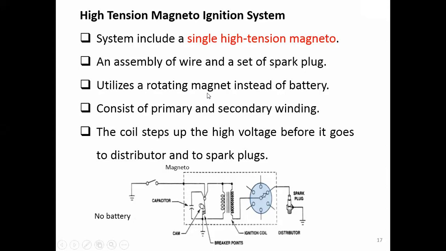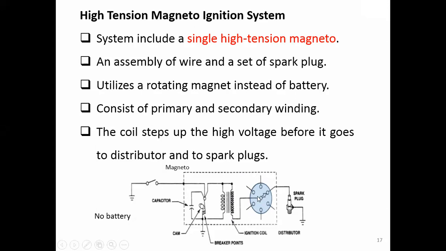Instead of the battery, I have a primary and secondary winding, and the coil will step up the high voltage. So we have a high voltage here before it goes to the distributor and to the spark plug. That means when you look at this picture, the high voltage always goes to the distributor.